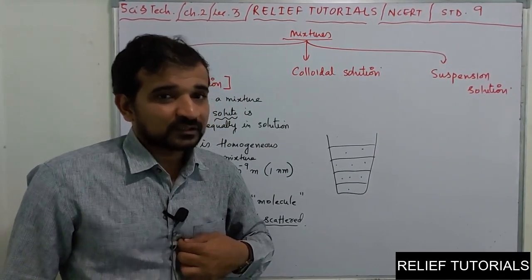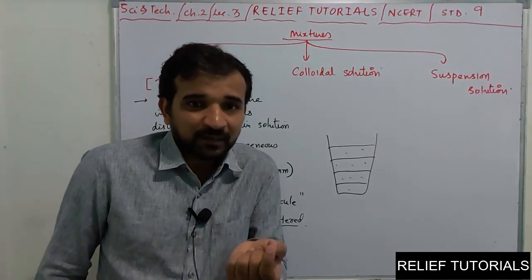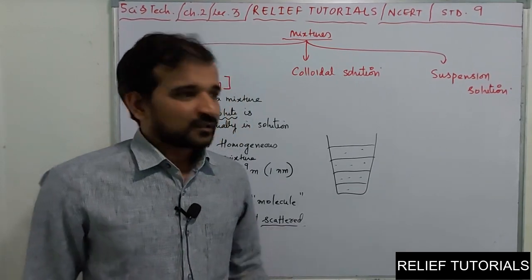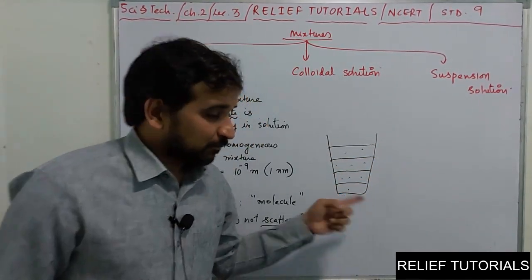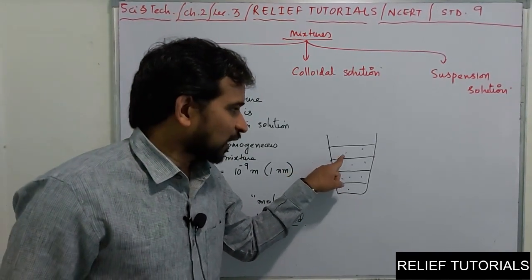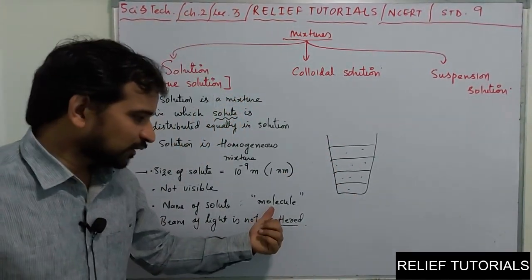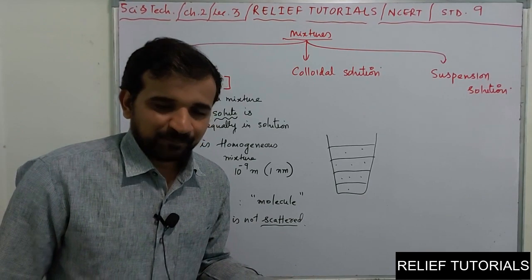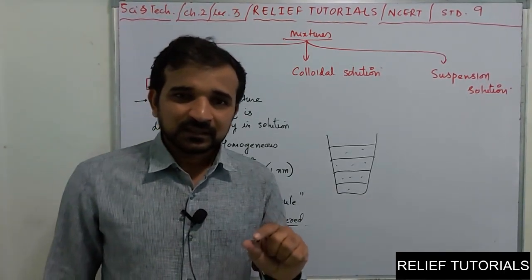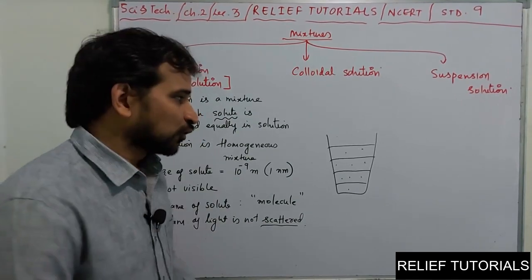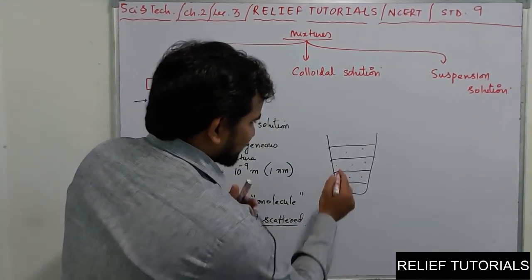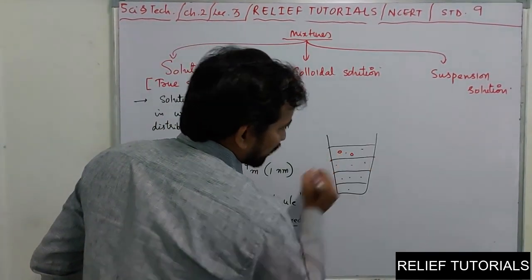Number of times we have seen this in our regular life, that some sand particles, some clay particles gradually settle down at the bottom. But here these molecules are converted into molecular size, 10 raised to minus 9 meter, and these salt molecules are surrounded by water molecules.